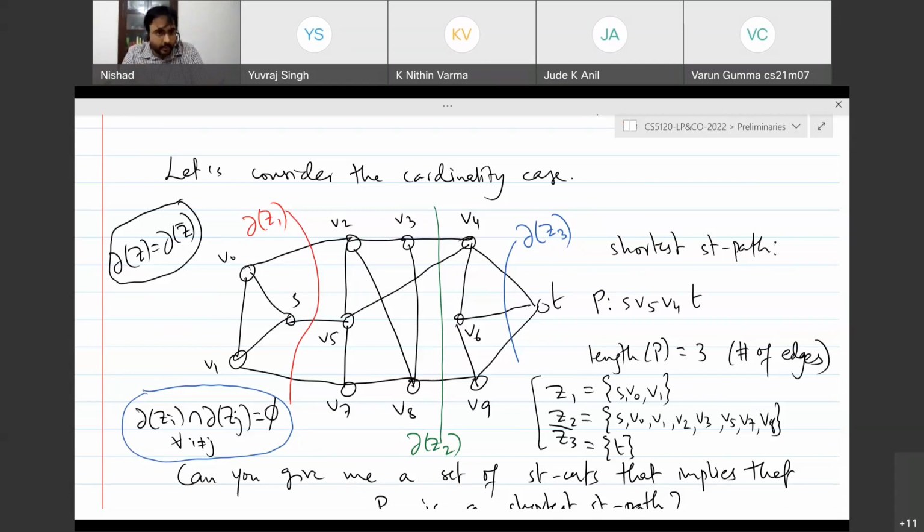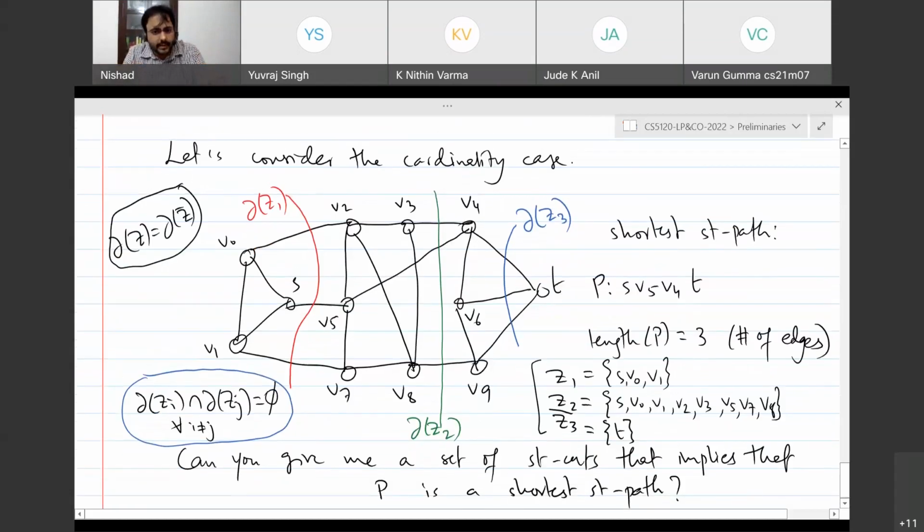There are also combinatorial ways of doing it, but that's not the main focus. Are there any questions or concerns regarding this discussion? Does everybody see why these three cuts prove that any ST path in this example has at least three edges, and therefore this is the shortest ST path because it has exactly 3 edges?